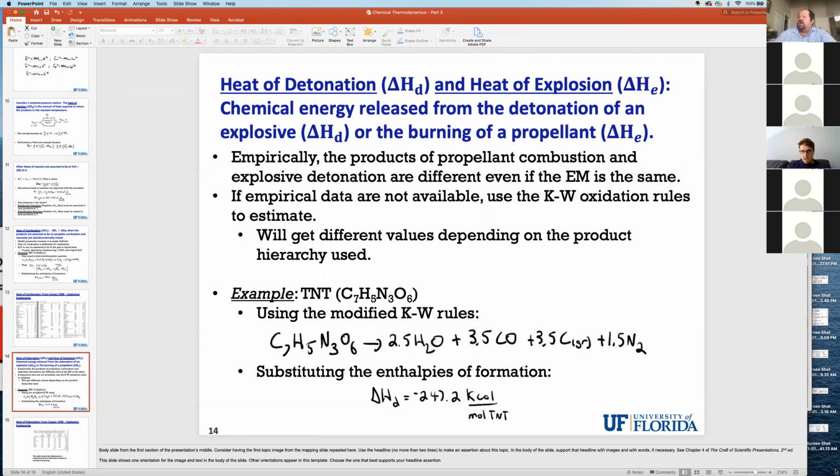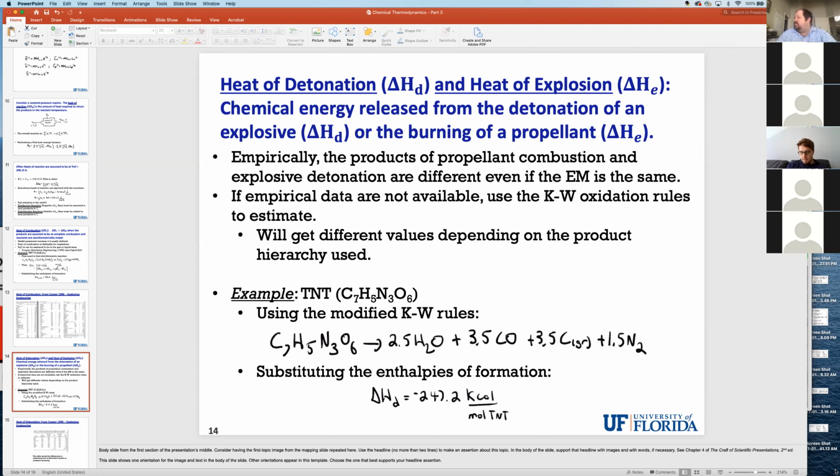And empirically, when we cover flames and detonations, you will realize that the products are at massively different states for a detonation and for propellant combustion.